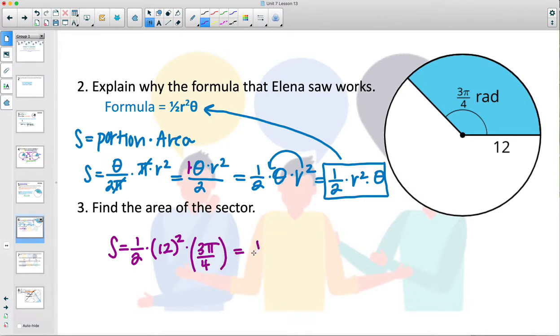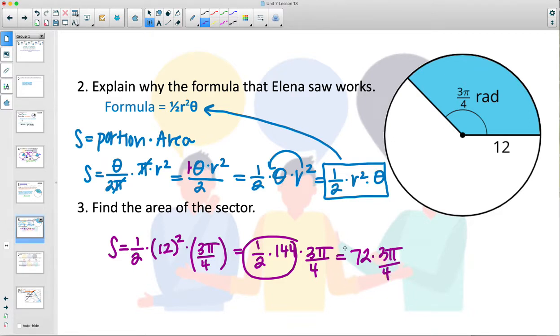So we're going to get 1/2 times 144 times 3 pi over 4. You can do this in a couple of different ways. If you want to do half of 144, I'm going to do that so that I can reduce my numbers. So half of 144 is 72 times 3 pi over 4.